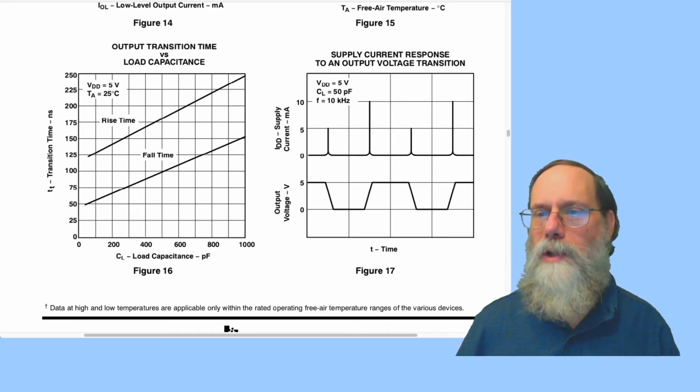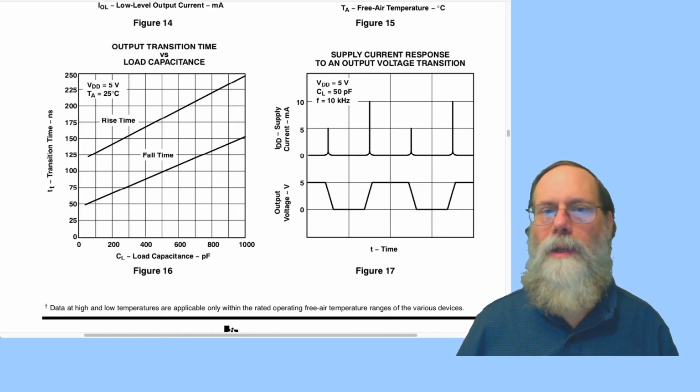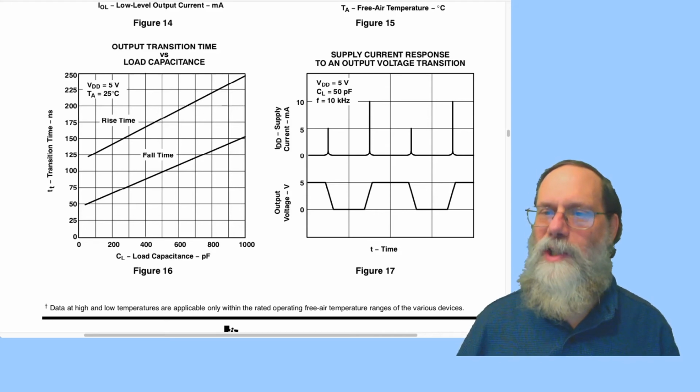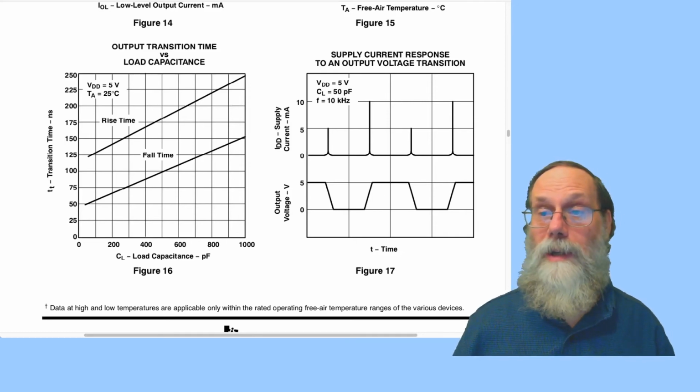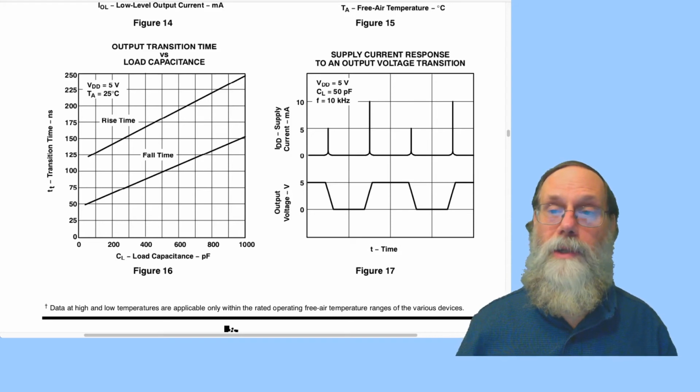It's a little harder to measure these rise and fall times because it's hard to get adjustable load capacitances. You can play around with it a little bit, but it's often easier to measure, as we did, the DC on resistance than it is to measure the transition times.